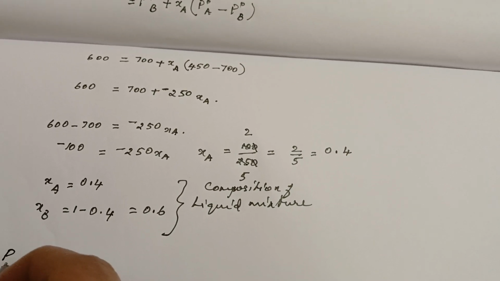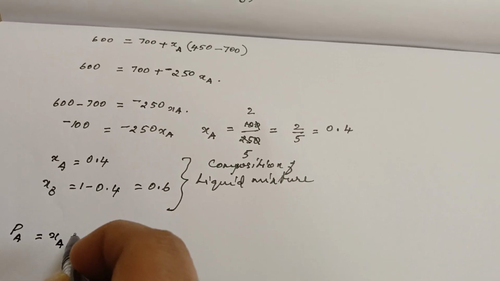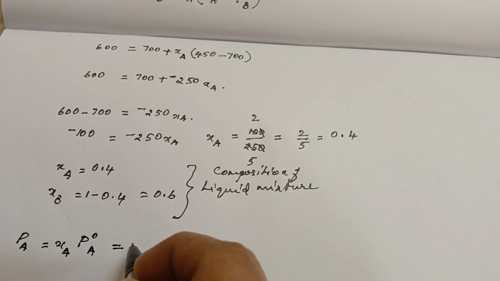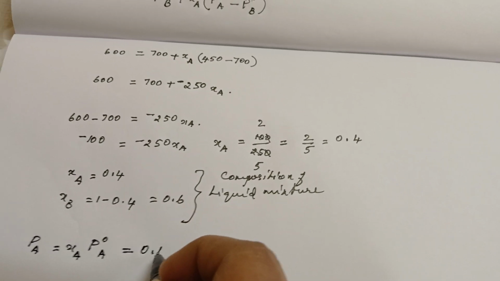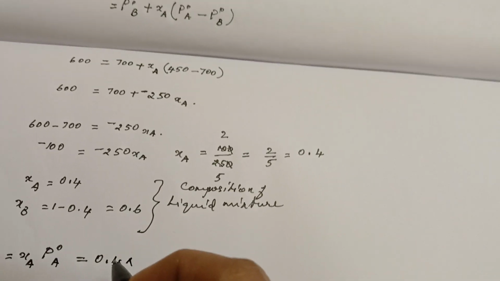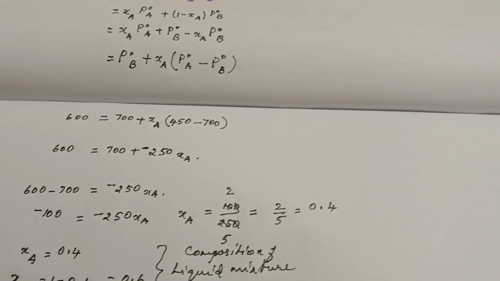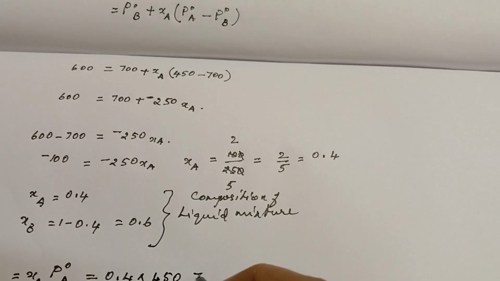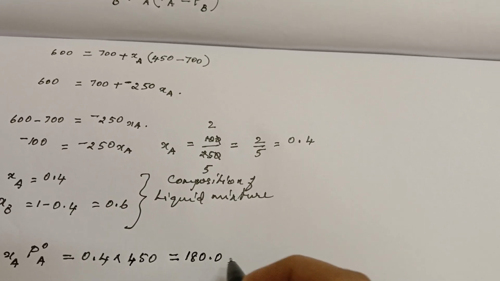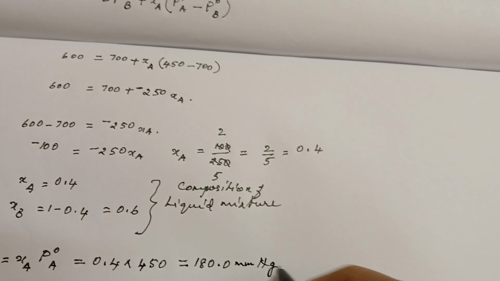Now partial pressure of A, PA equals XA into P0A. That we can do as 0.4, which is XA, into P0A. P0A is 450. So 0.4 times 450 will give us 180 millimeters of mercury.